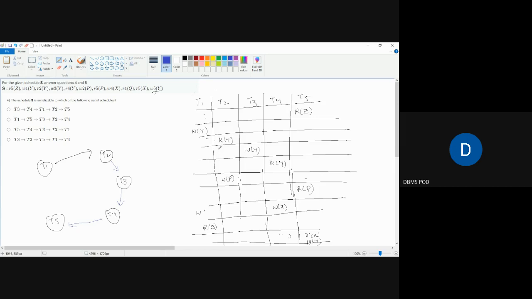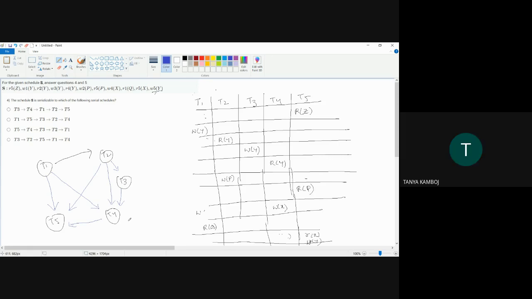T2 to T5, T2 to T4, then T1 to T5 also there. T1 to T4 also there, correct? So is anything left? Nothing is left, right? Or anything I am missing?